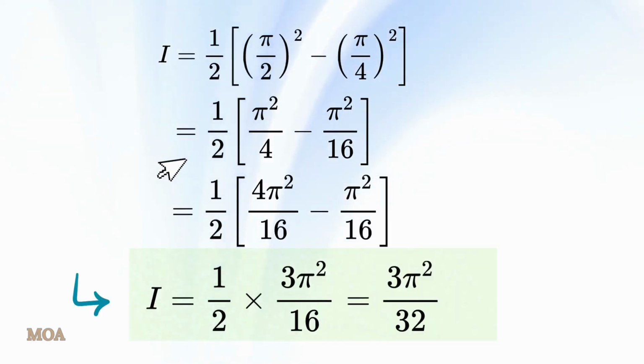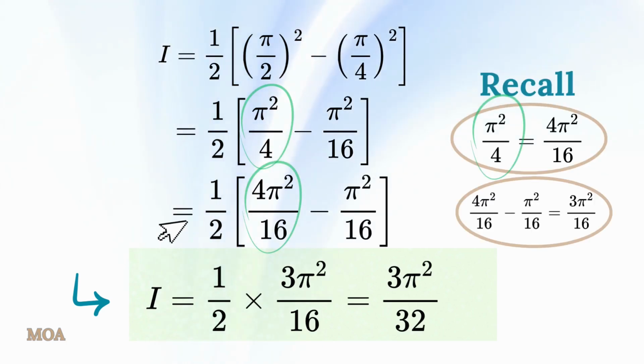Then, since pi over 2 all squared equals pi squared over 4, and pi over 4 all squared equals pi squared over 16, we obtain 1/2 times the quantity pi squared over 4 minus pi squared over 16.